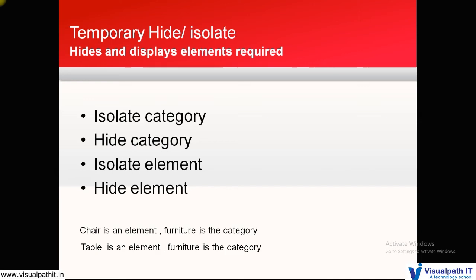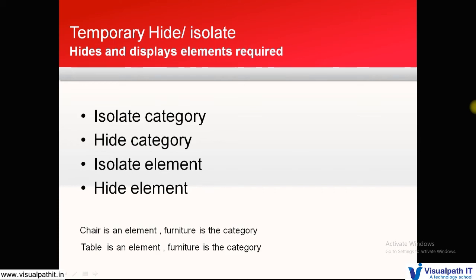So when I isolate a category, if there is a chair, a table, a lamp, etc., all these things will be isolated or hidden. Whereas an element means only the chair or only the table which I have selected.